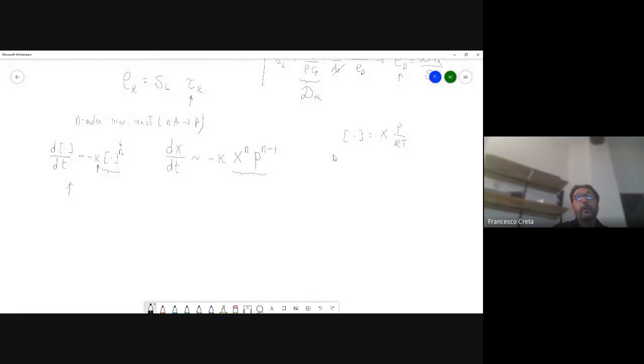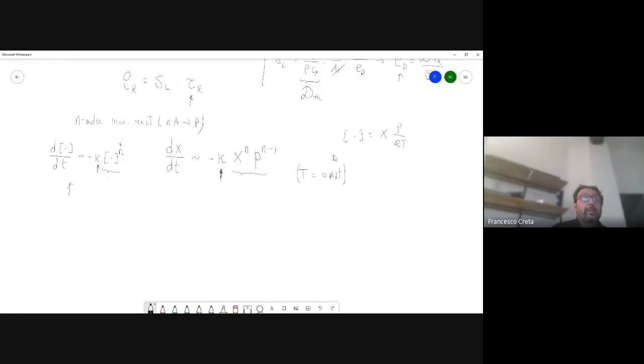At this point, we're really interested in a dependence on pressure at a constant temperature. So we consider the temperature to be constant. Essentially, all the dependence on temperature is absorbed in this constant K. So we're doing this at some fixed temperature.